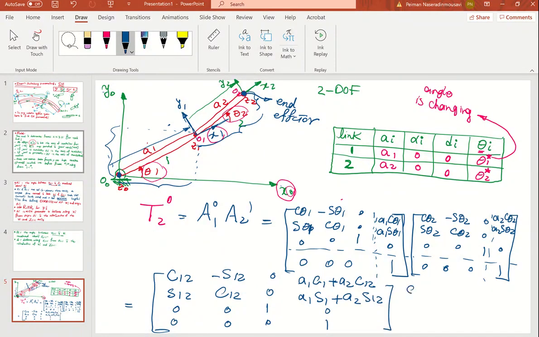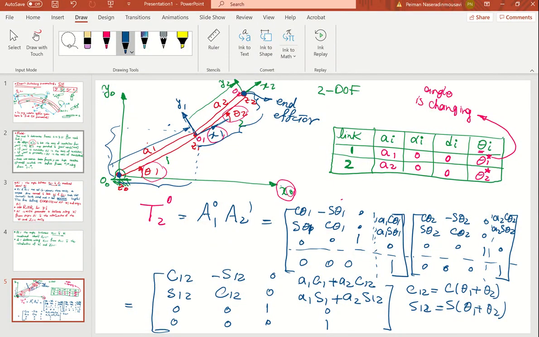Here, cosine 12 means cosine of theta 1 plus theta 2, and sine 12 means sine of theta 1 plus theta 2.